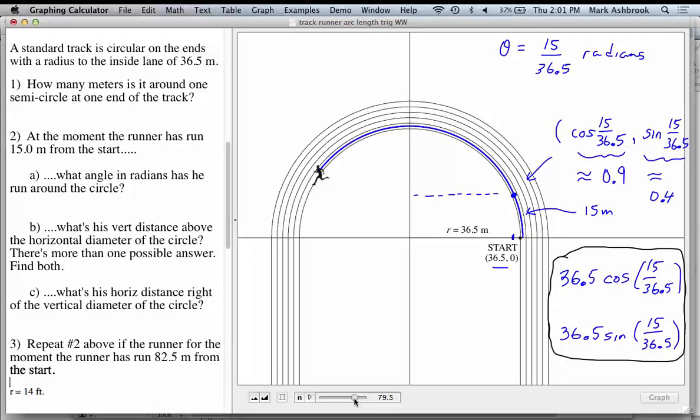So 82.5 meters is going to be, I'm thinking something like that. Radius remains the same, right? Same situation. It's just from the start, run 82.5.